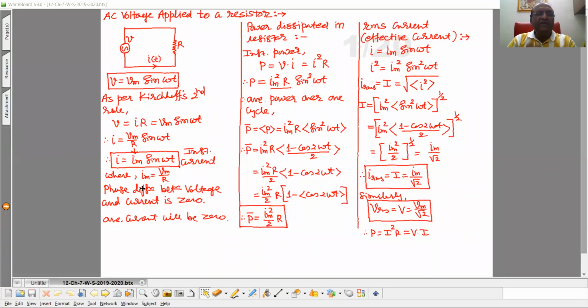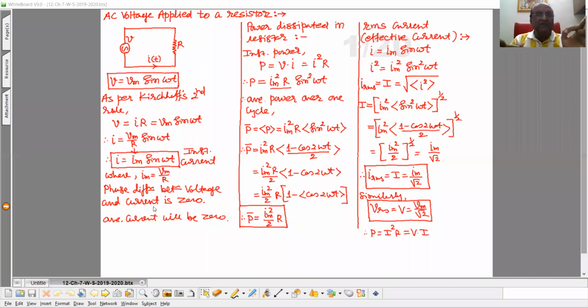Now here we can observe this thing. The voltage equation is Vm sin omega t, and the current equation is Im sin omega t. It implies that at a particular instant the phase of both is the same, that is omega t.